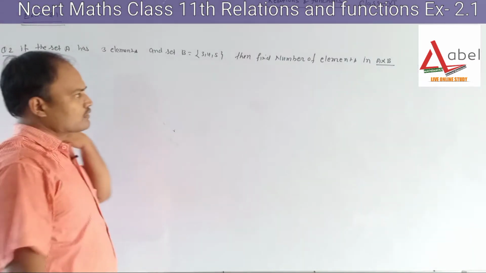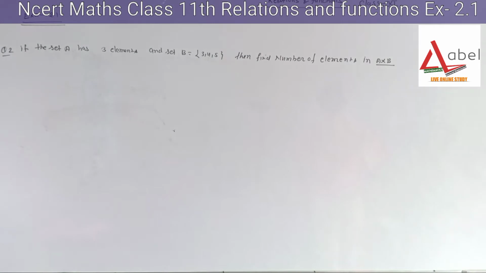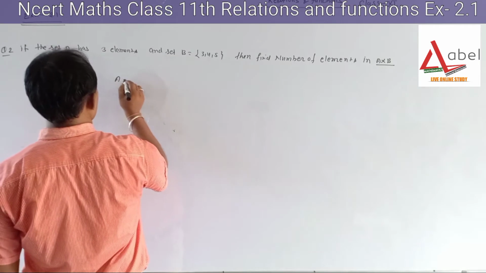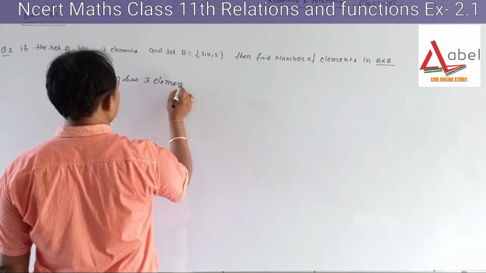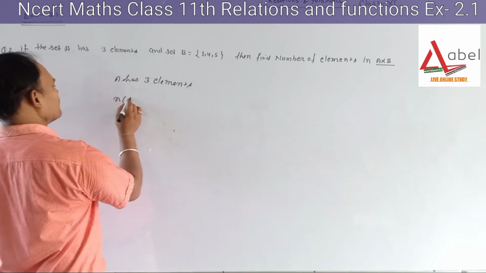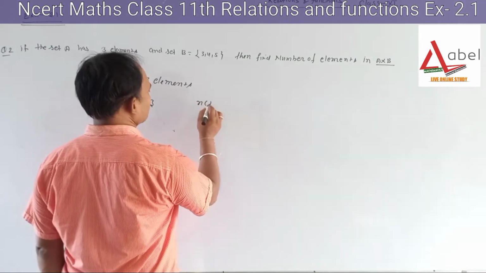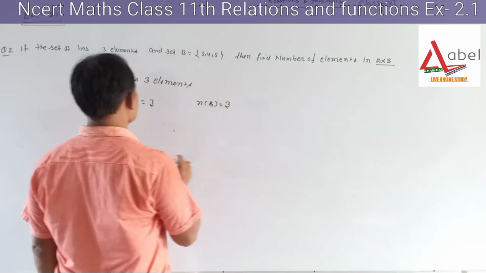So how can we say what the number of elements in A cross B is? It is really very easy to find because A has 3 elements, means n(A) equals 3. What about n(B)? n(B) is also 3.